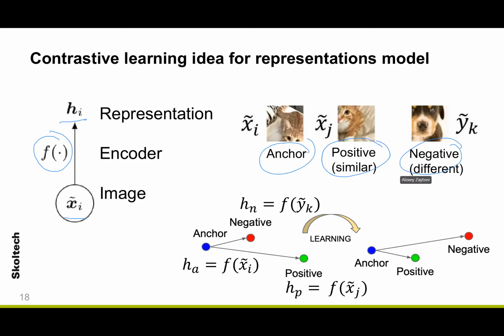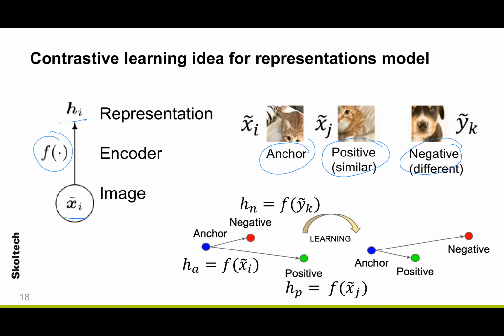Positive is supposed to be close to anchor, so its representation should be close to the representation of the anchor. Negative is from a different class. It's a dog, not a cat, in this simple example. So it should be far away from it.